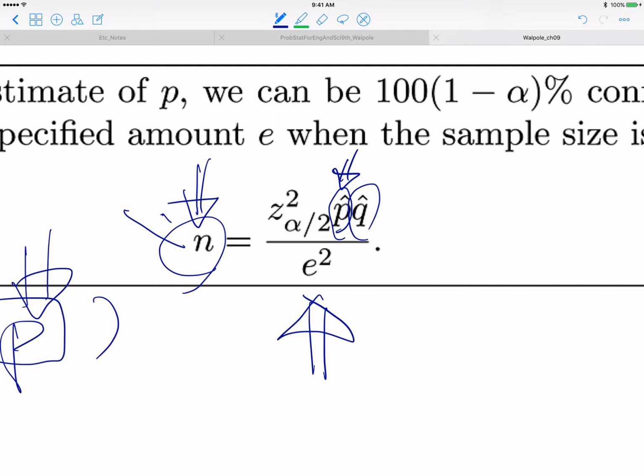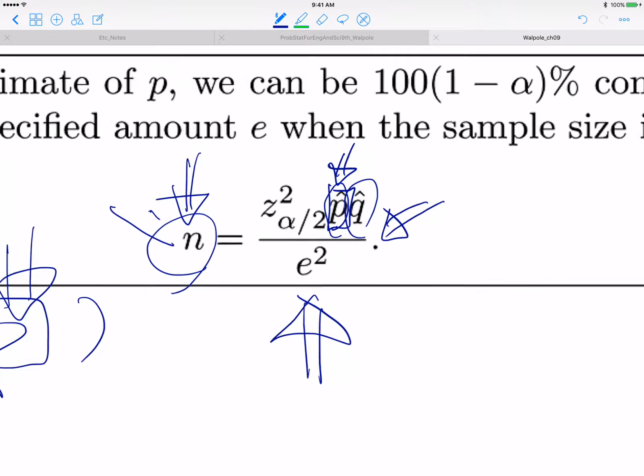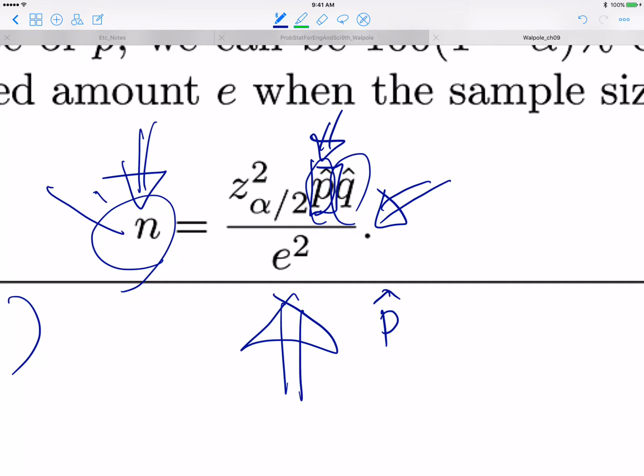So in this case, we have to use the estimated version of p hat, but at the same time, we can make this equation independent of the true parameter p or the estimated parameter p hat. The idea is really simple. p hat times q hat has some maximum value.